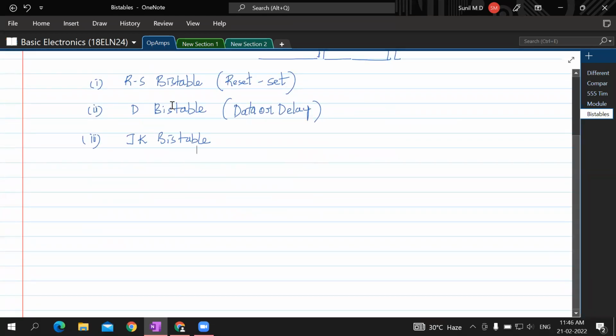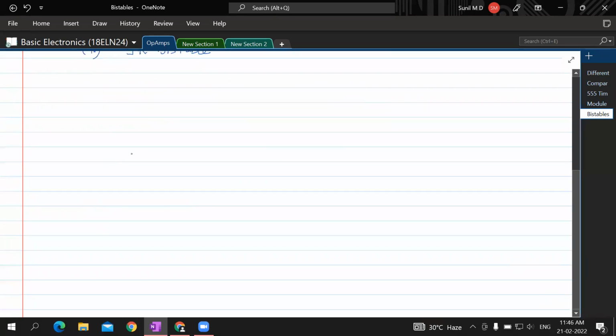So the first one that we want to take up for discussion is RS bistable. RS means, I've told you, reset set bistable.